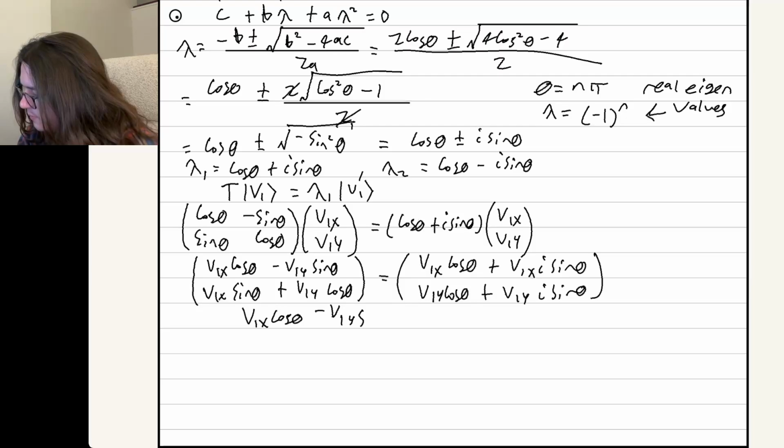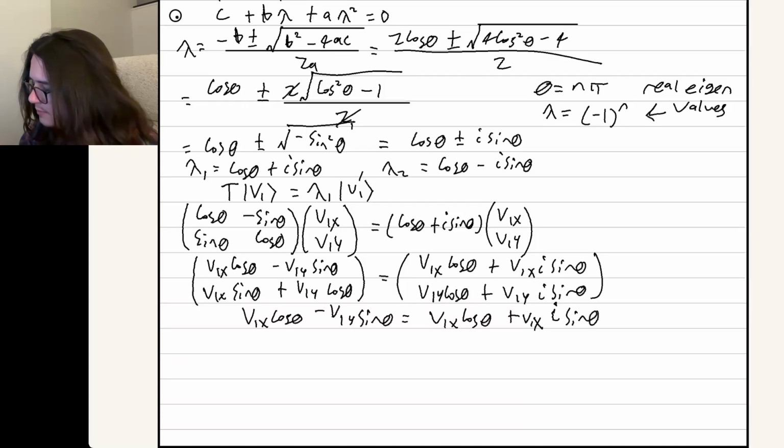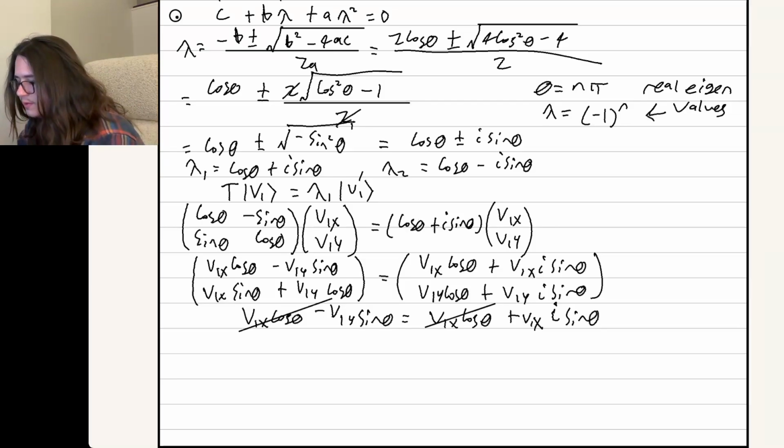So just equating the first component on either side, we have this sort of thing going on. Noticeably, the v1x cosine theta cancels out the one on the right-hand side, and then you're left with something with a sine function equals something times a sine function.